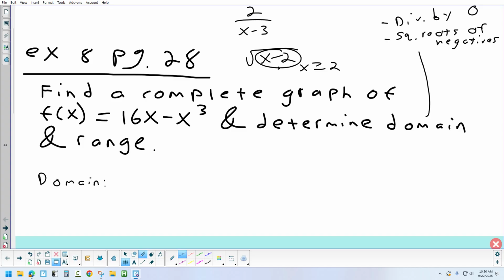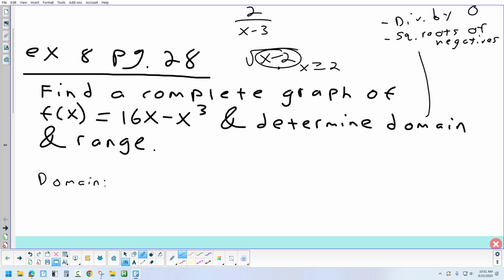So it's f of x equals 16x minus x cubed. Are there any square roots in f of x? No, no square roots. How about any fractions with a variable in the bottom? No?